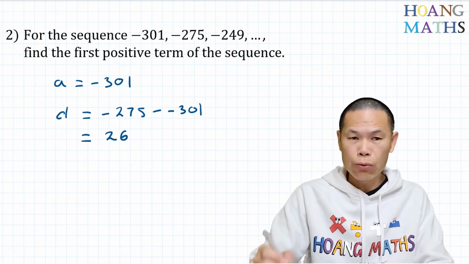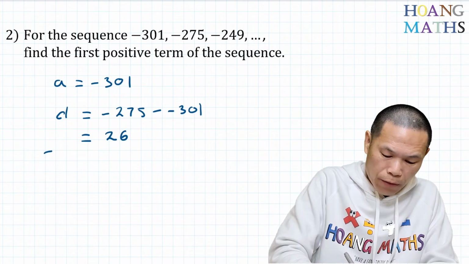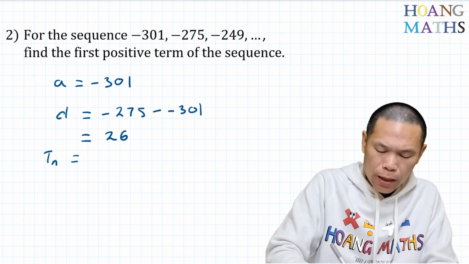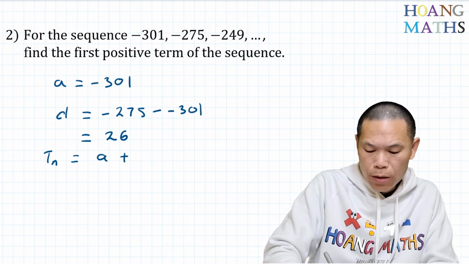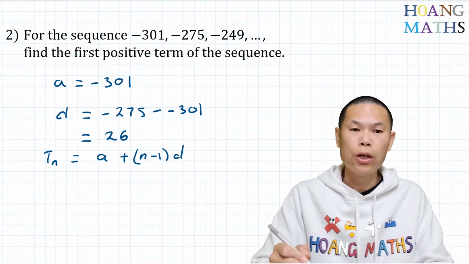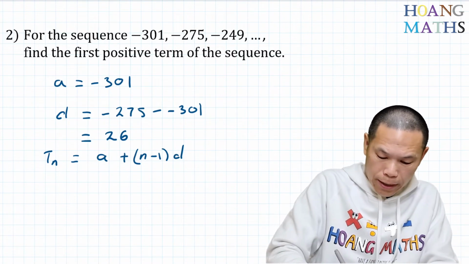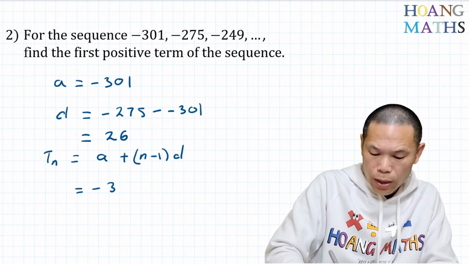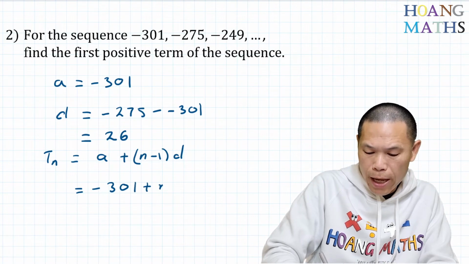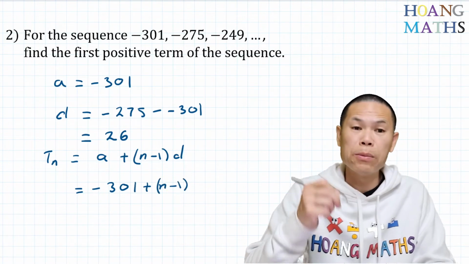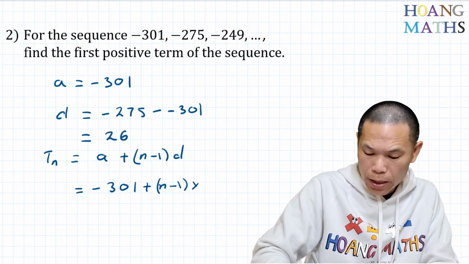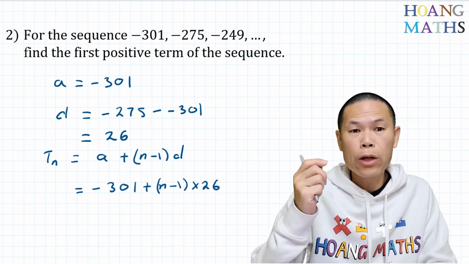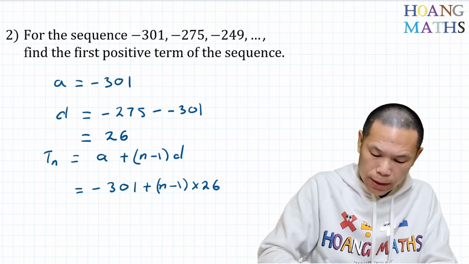And we know the general rule for this is Tn, which is equal to a, the first term, plus n minus 1 times the common difference. So we know that a is negative 301, plus n minus 1, times the common difference, which is 26. So what I do now is just remove the brackets.